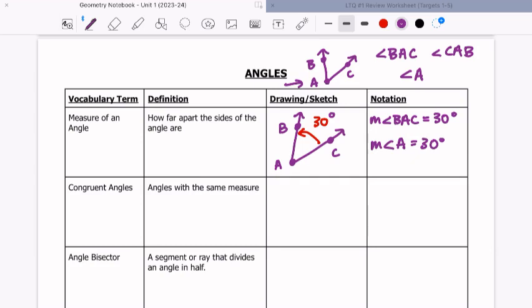Congruent angles are 2 angles that have the same measure. So maybe I have angle BAC, and then maybe I also have angle, let's call this maybe XYZ.